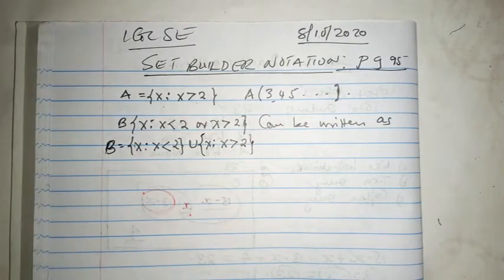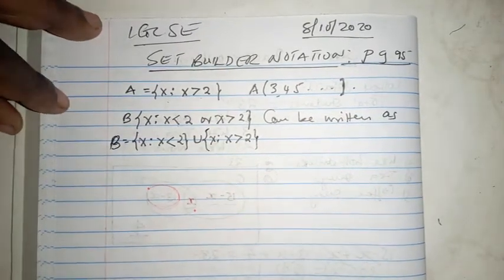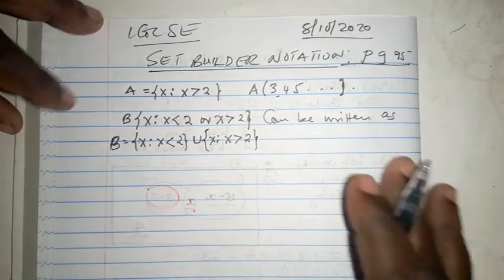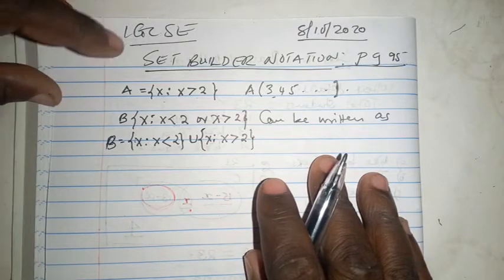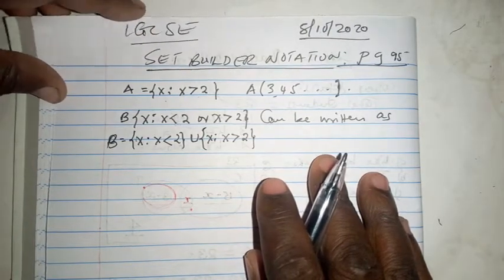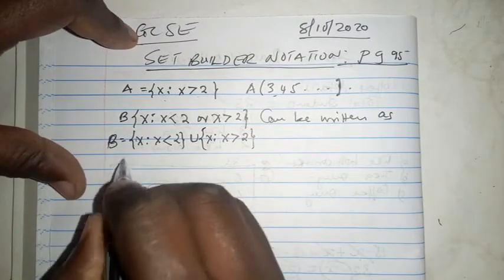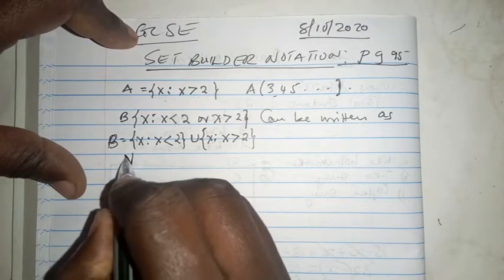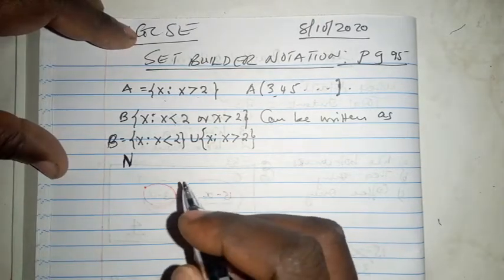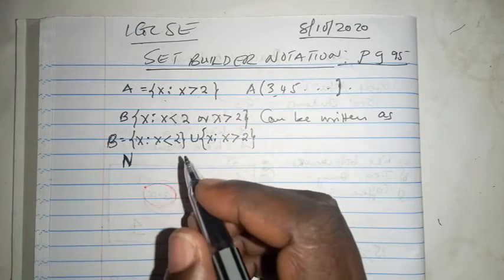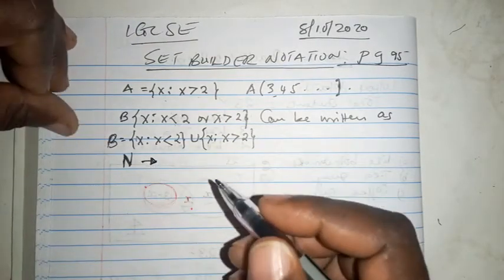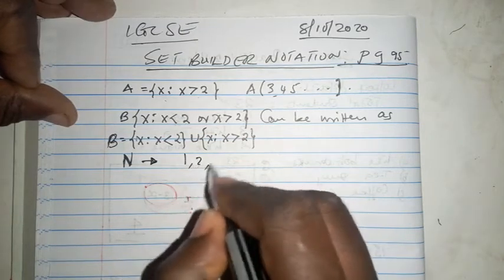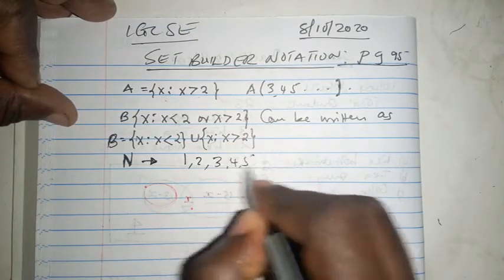Well, this is just an example of set builder notation, but let us look at some very popular methods of expressing sets. For example, we have natural numbers, the positive numbers we use for counting: 1, 2, 3, 4, 5, moving forward.